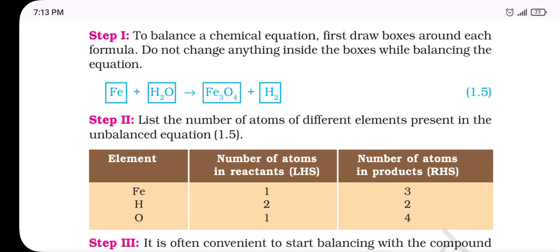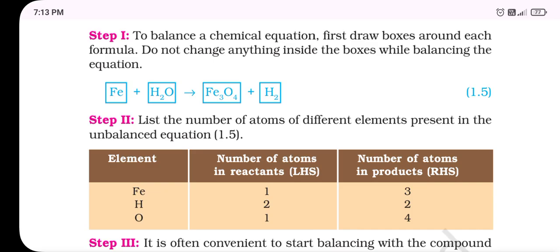Number of atoms in reactants, or you can say LHS: iron is 1 at the LHS and 3 at the right-hand side, so this is an unbalanced chemical equation. If you get even one unbalanced atom, that means the whole chemical equation is unbalanced.